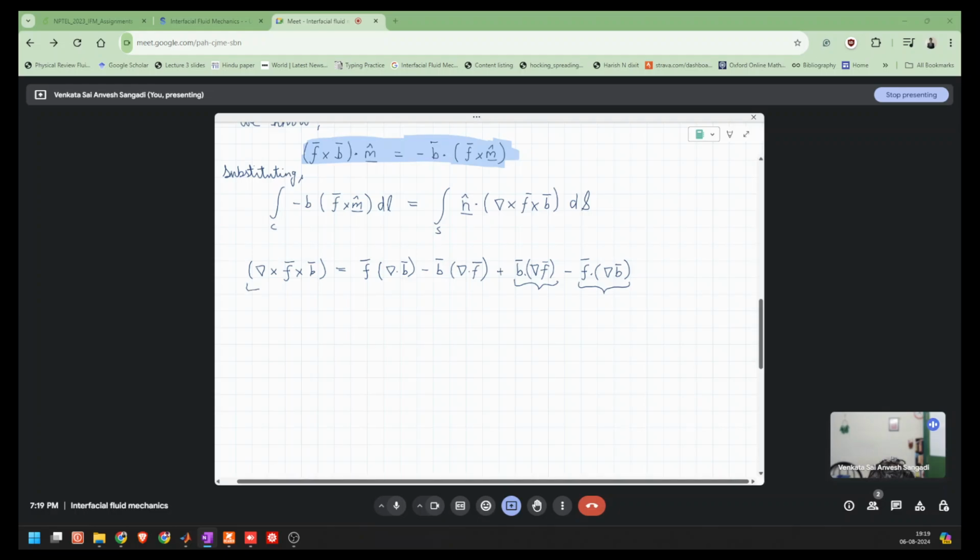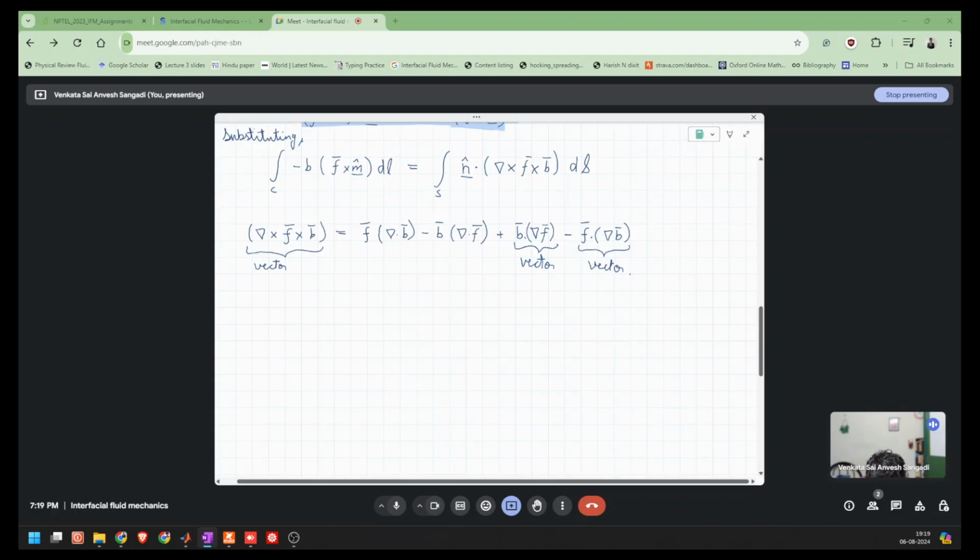If you also notice here, this is a vector, as del cross f is a vector again. Cross with another vector b gives us a vector, and here also it's a vector. So the expression is consistent everywhere.